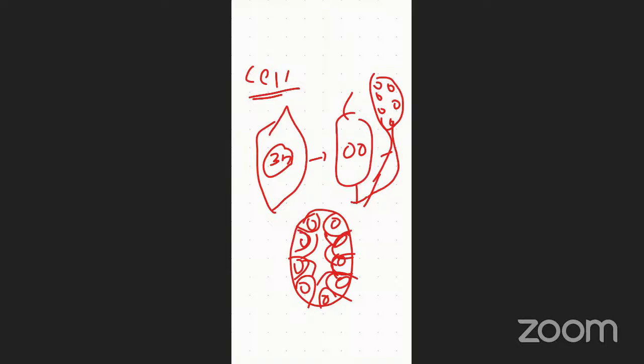They receive nutrition from the surrounding cells and also send nutrition to the developing embryo. That is the function of haustoria. So this is all about the endosperm types. This is very important for long questions, and very easy.